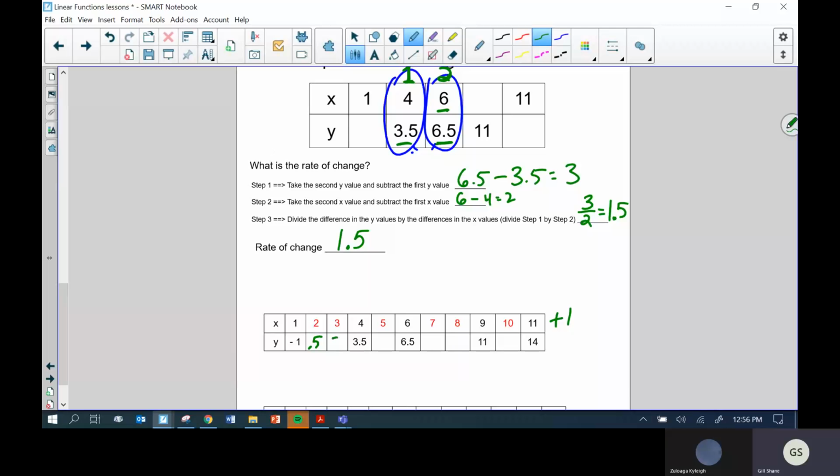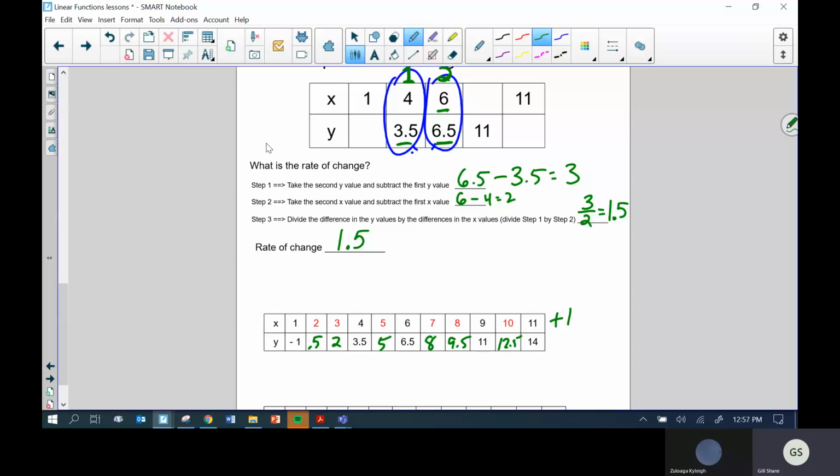Again, 1.5 plus that would be 2. And now that plus 1.5 would be 3.5. So then I fall on all of the correct numbers. So that would be 8. 1.5 goes up to 9.5. 12.5. So you could try to fill in the table like that if that makes more sense to you.